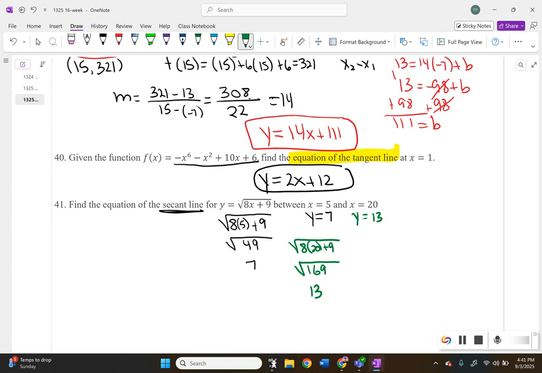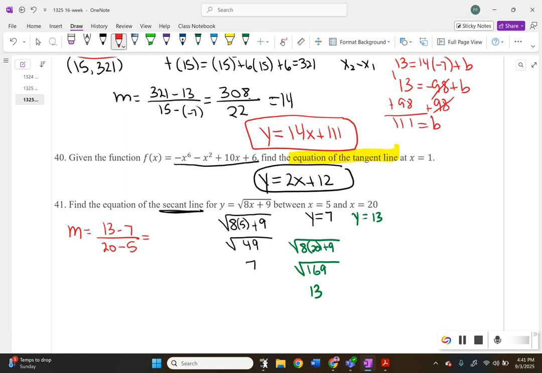So finding my slope, I'm going to do y2 minus y1, and since I started with 13, I have to start with 20. So x2 minus x1. And that gives me 6 over 15. I can take a 3 out of both of those, and it gives me 2/5.